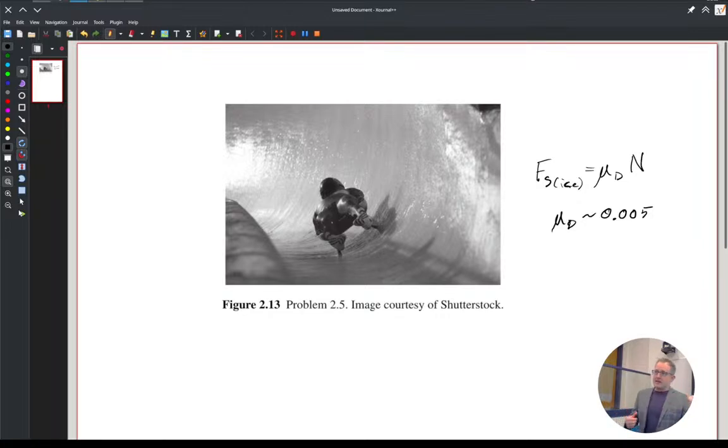So maybe that is negligible for the things that you're considering, but it depends on what you're trying to consider. That's up to you, but ballpark, it's 1% of whatever the weight of your thing is. It's always nice when you can just say, this force, it's there, but it's 0.